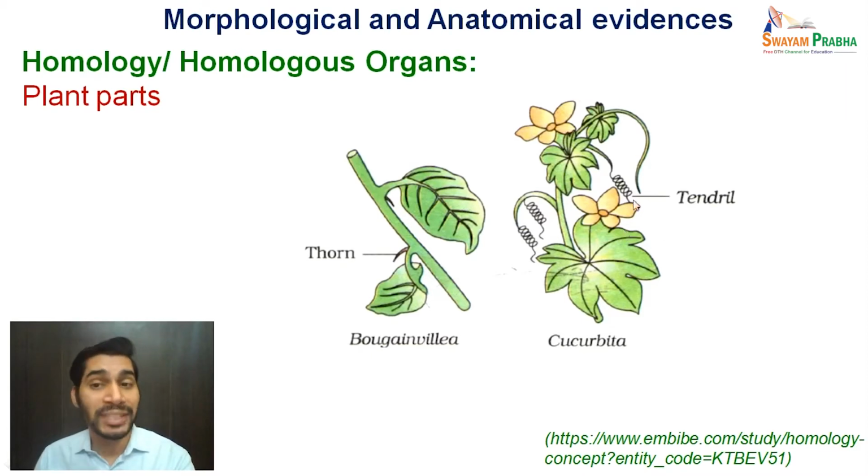It provides the supports for climbing. They do have a common ancestry. Both of them arise from the axillary buds basically. They do appear similar in structures, but they are performing different functions. So again, they indicate towards evolution approach.